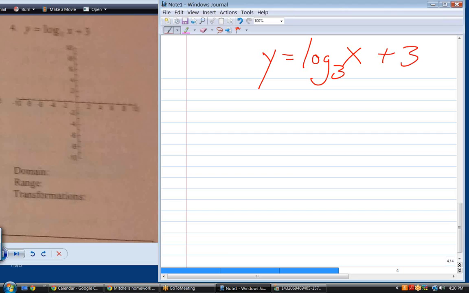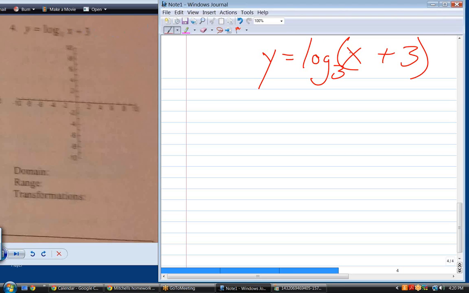What's the domain of this function? Would it be -3 to infinity? Well, no, this is not in parentheses. That would be the correct answer if it was like that.